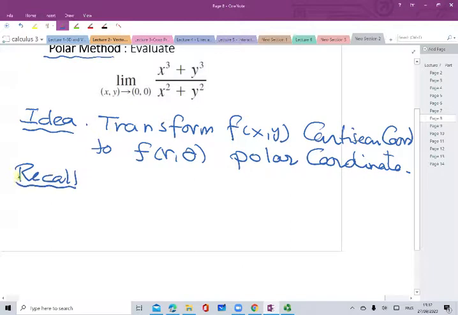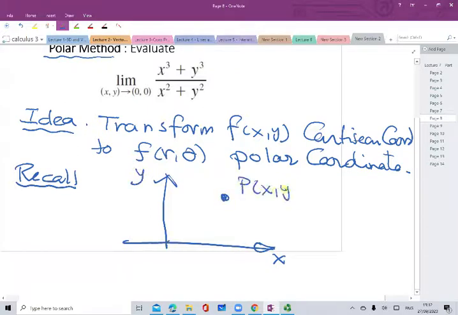the transformation relations. This is the xy plane where I have plotted my points, and at any point defined by the Cartesian x and y, I need to define it by r and theta. When we say r, it is the distance from the origin to the point, and this distance is given in terms of x and y.